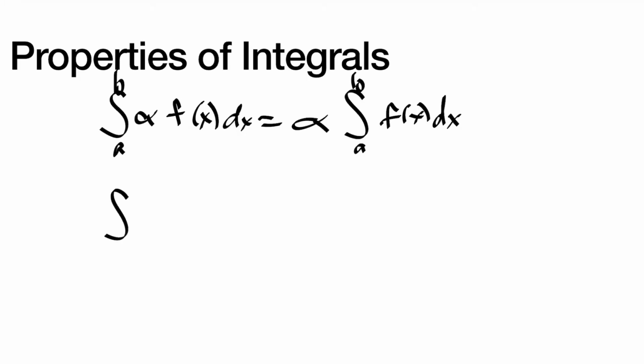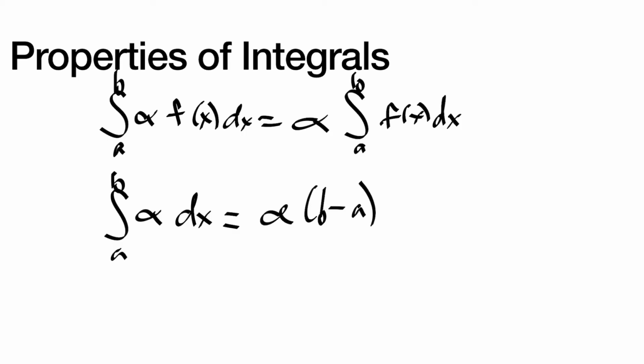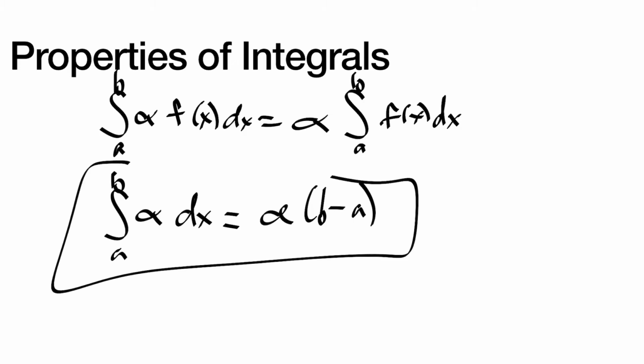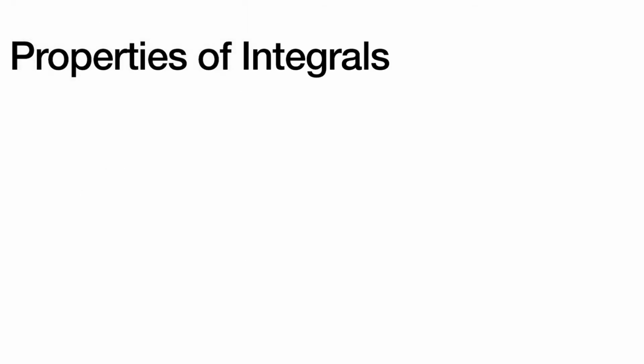A proof that was done earlier in the previous section that I skipped is: what if you had the integral of just some constant alpha dx? That ends up being alpha times b minus a, and in fact either method works just fine for this one. But this is a good thing to note, how to do the integral of a constant.